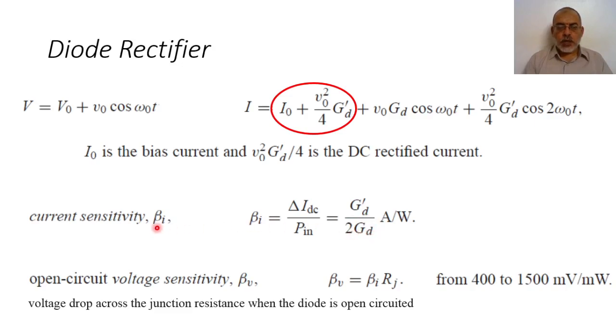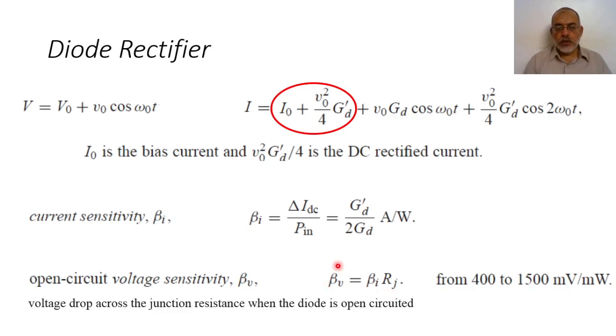And this current sensitivity can be used to find out the voltage sensitivity, or the open circuit voltage sensitivity. The open circuit voltage sensitivity is defined as the current sensitivity multiplied by the dynamic resistance of the diode.